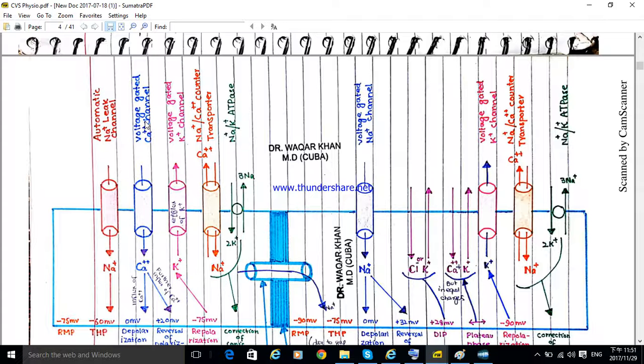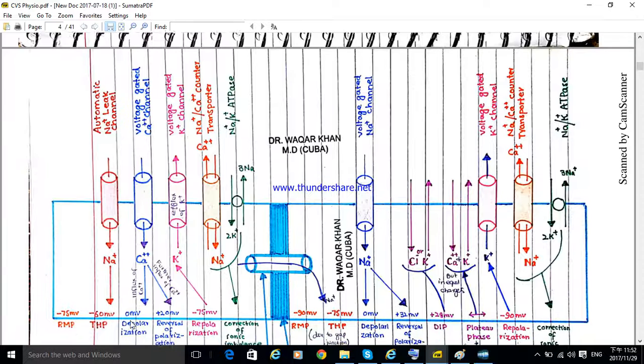When it opens up, there will be an influx of calcium. Calcium is also a positive ion, so it brings positive charge into the cell, and it becomes less negative and more positive, going from minus 60 to 0 mV.